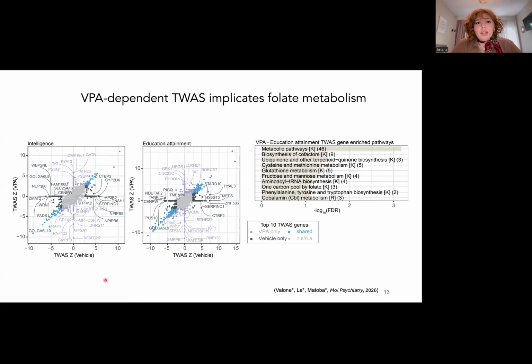What you can see here is that those in purple are genes associated with either intelligence or educational attainment, and they are differentially expressed in the valproic acid condition. When you look at these genes, you see that they are enriched in pathways associated with folate.